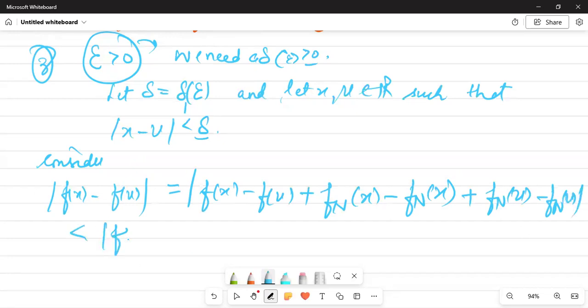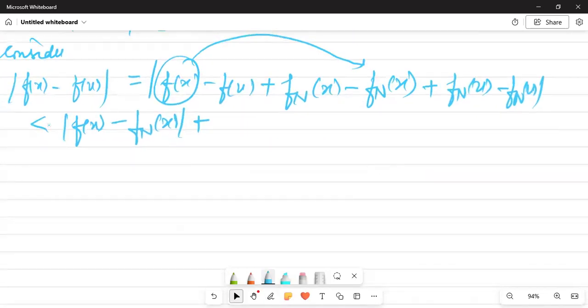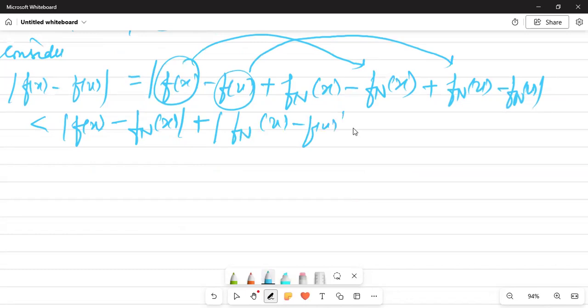Take this with this, using the triangle inequality we get the less-than-or-equal sign, and use this with this, and this together.